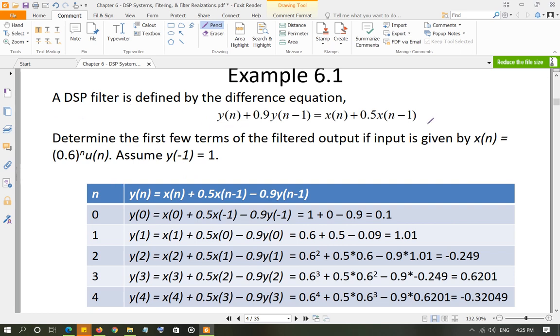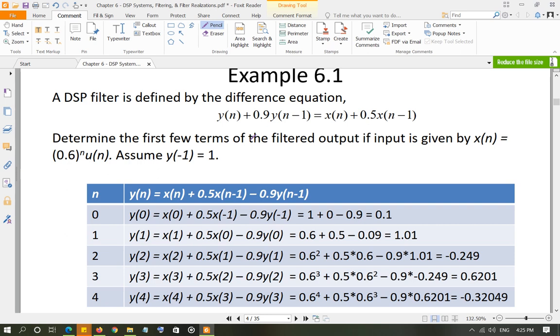So we have this difference equation, y of n plus 0.9 y of n minus 1 is equal to x of n plus 0.5 x of n minus 1. Now, remember from the earlier chapters we discussed the impulse response being infinite impulse response or finite impulse response. Likewise, when the DSP system is a filter, there are two types of filters: infinite impulse response filter and finite impulse response filter.